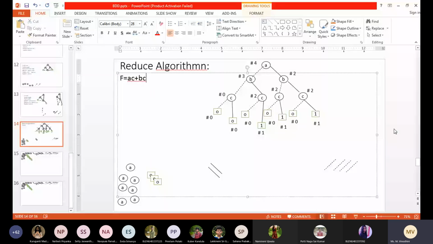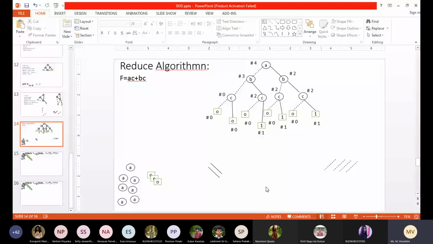Next, we need to analyze. Look at this C: 0, 0, 0, all are 0. So I need not have all three. I can totally remove them and connect this B dashed line directly to 1, 0.